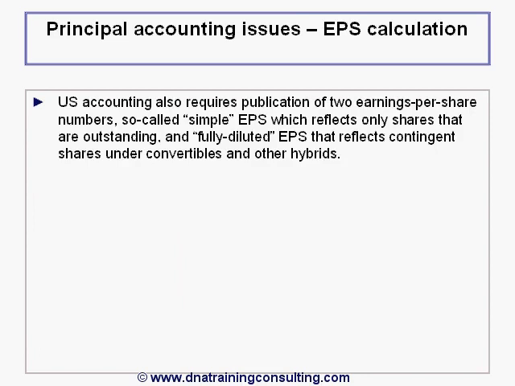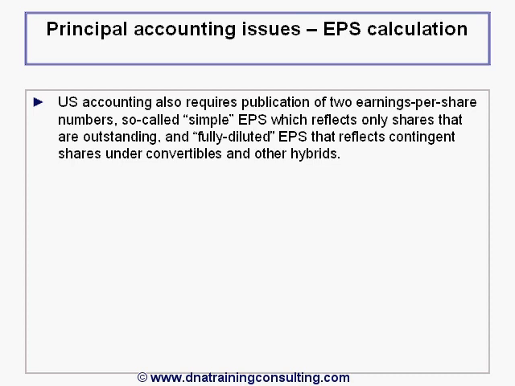U.S. accounting also requires the publication of two earnings per share numbers, a so-called simple one, which reflects only those shares that are outstanding already, and a fully diluted one that reflects also contingent shares under convertibles and other hybrids.